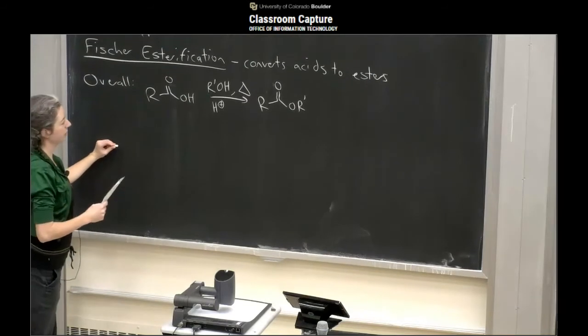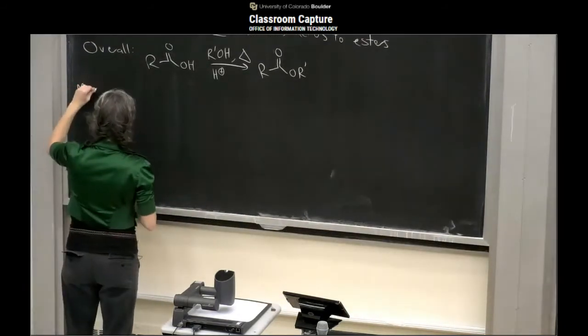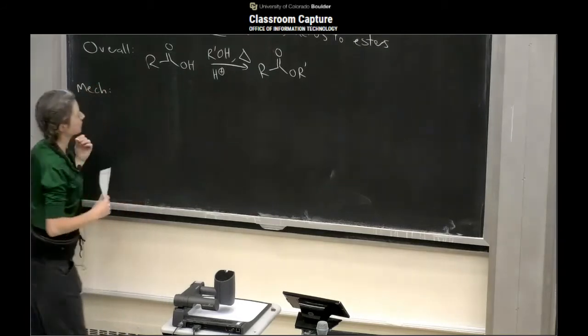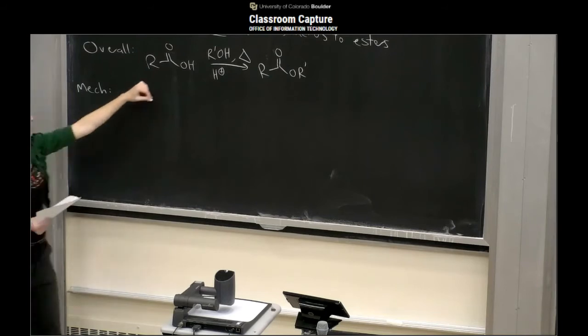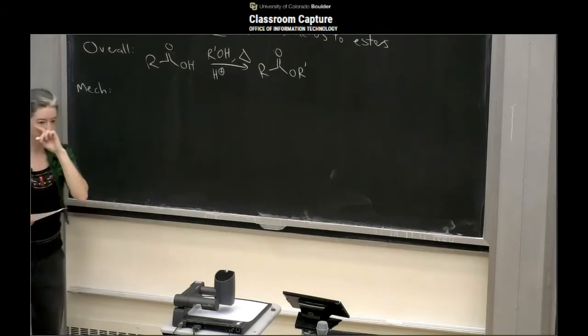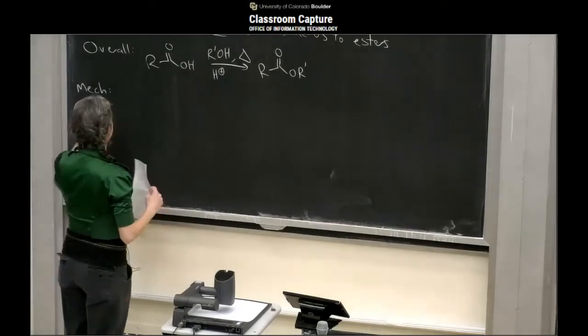Okay. So the mechanism for this one, since we're in acid, that's going to dictate how things start. This part is similar to the difference between acid and base catalyzed mechanisms when we were looking at aldehydes and ketones. If you're in acid, protonate first. That makes the carbonyl more electrophilic.